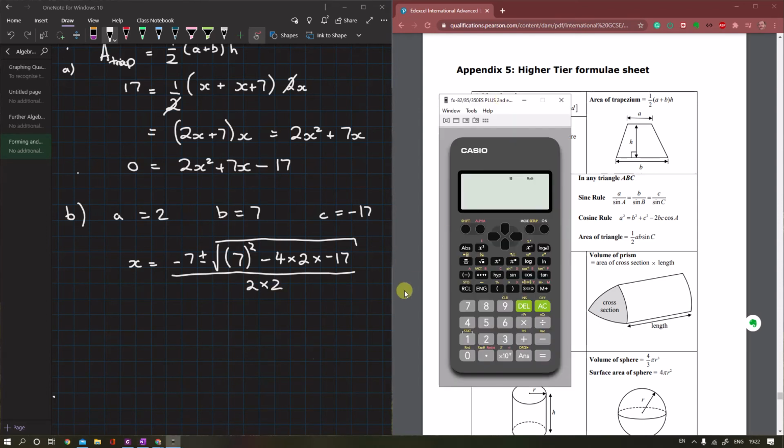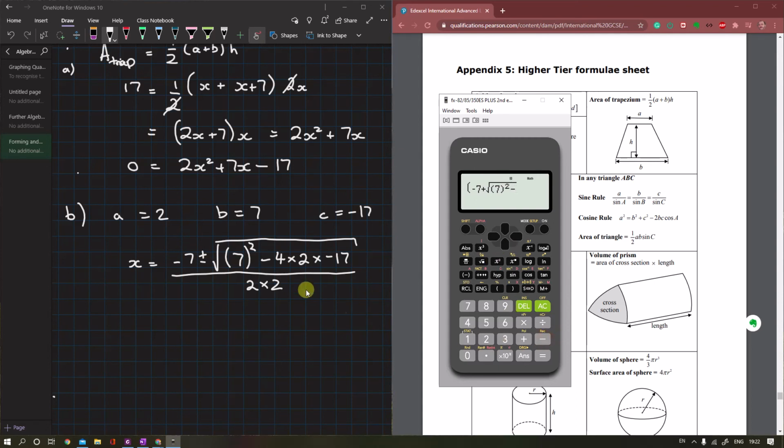Okay, so what I need to do now is substitute this into my equation. So I need minus 7 add on, we'll come back and edit this in a minute. So the whole of this top bit needs to be in brackets to make sure it goes over a fraction properly. Times the square root, and inside the square root we have 7, and I put it in brackets to make sure that it stays the right sign.